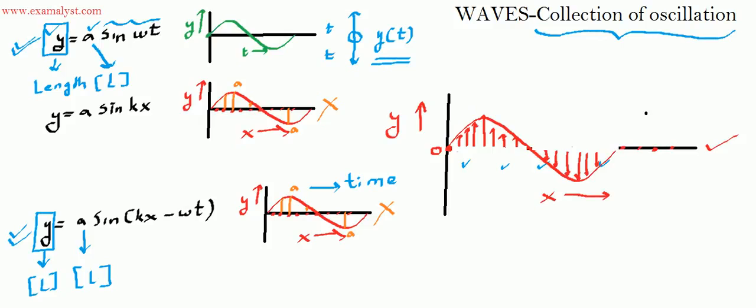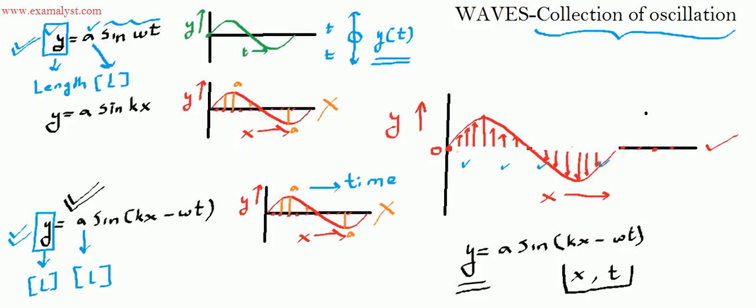So what is happening here? All the particles have gone up, but how much up is decided by this equation. Okay, so what is y equals a sine kx minus omega t? Let us see. This equation says what is the displacement of a particle which is at position x and at a particular time t.